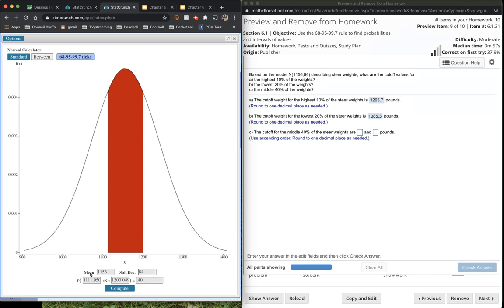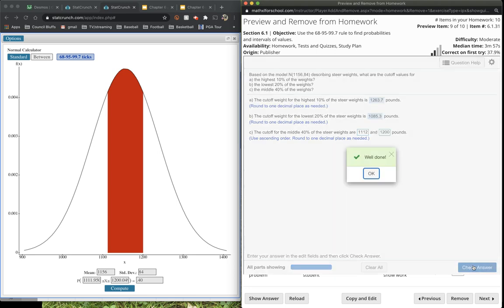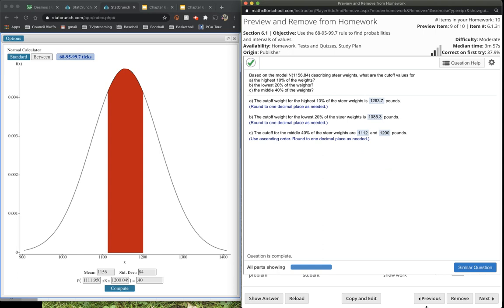So it's going to be rounded to 1, it's going to be 1,112, and then the second one's going to be 1,200.0. And that is it for number 9.